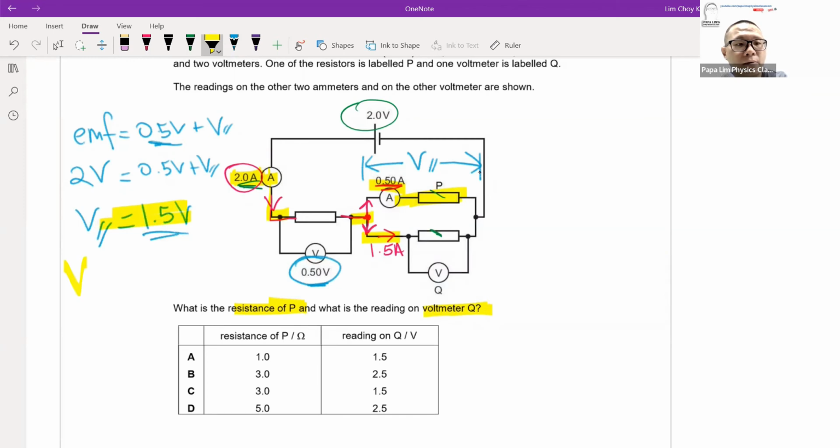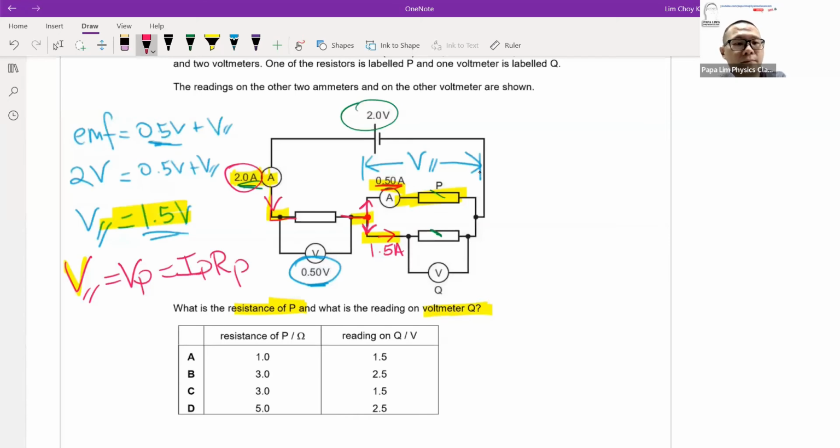And V parallel will also be the same potential difference as Vp, the potential difference of resistor P, which is governed by V equals IR, Vp equals Ip times Rp.